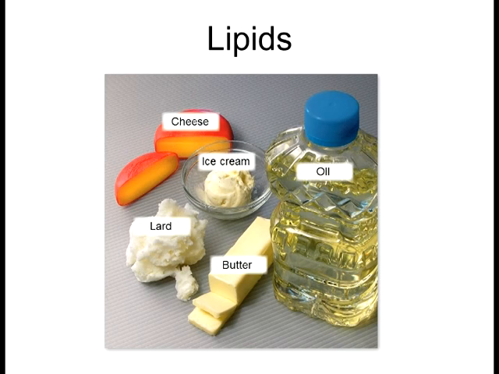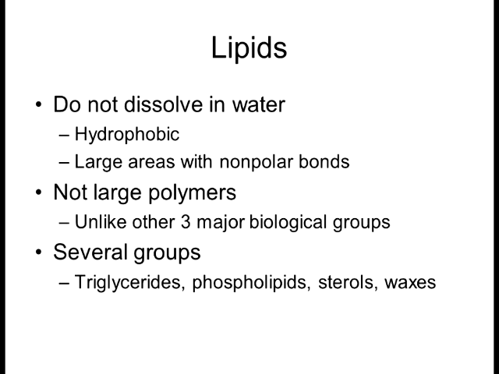The unifying concept of all lipids is that they are either completely or at least mostly hydrophobic. What does hydrophobic mean again? Repel water. They repel water. They don't like water. And the main reason for that is because they don't form polar covalent bonds and are therefore neutral. And water doesn't like neutral substances.